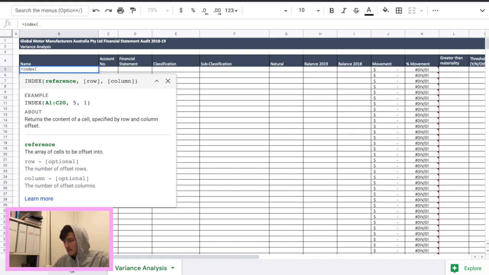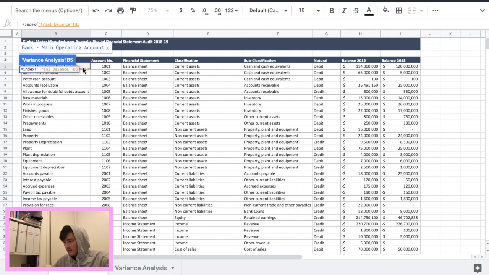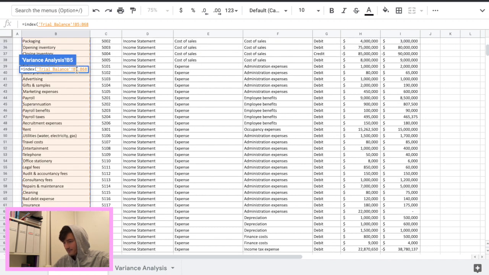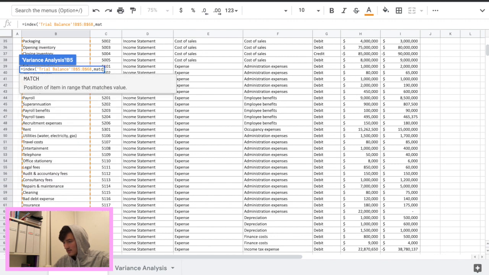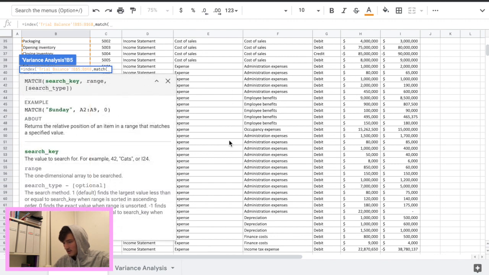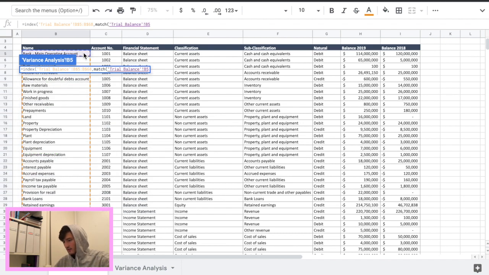So it works similar. You have to select a range of cells. I'm going to put the dollar signs in front of the row numbers so those stay fixed. Then we're going to use the match function. We're going to do the search key, so that's the cell, and then by the row.